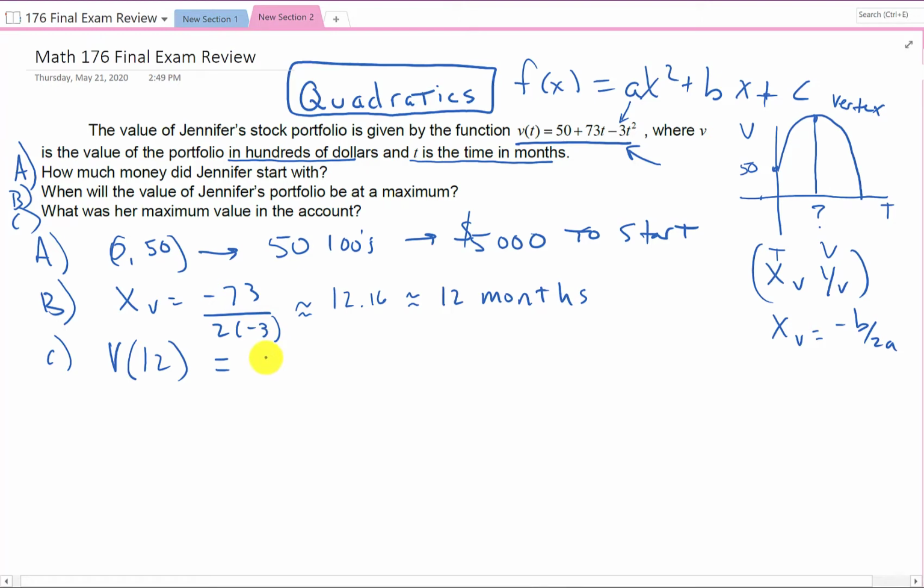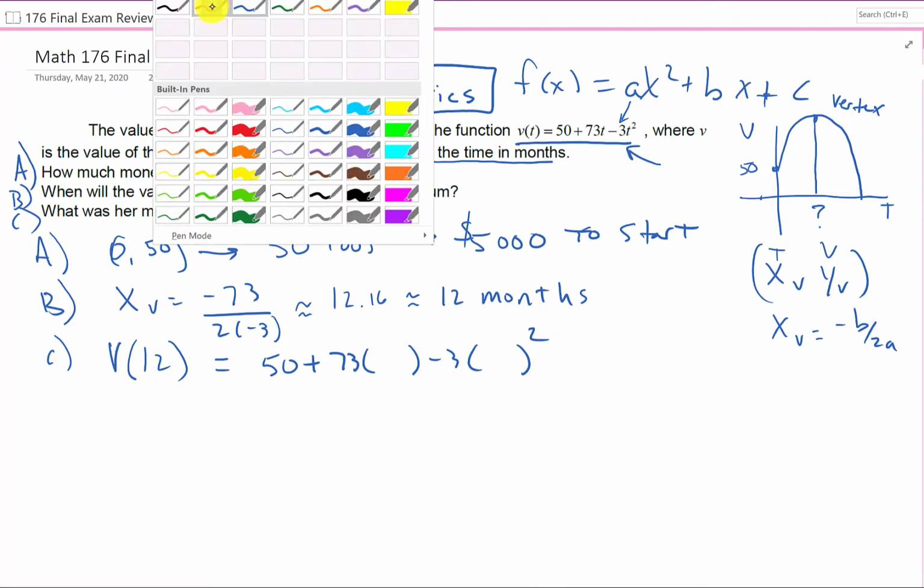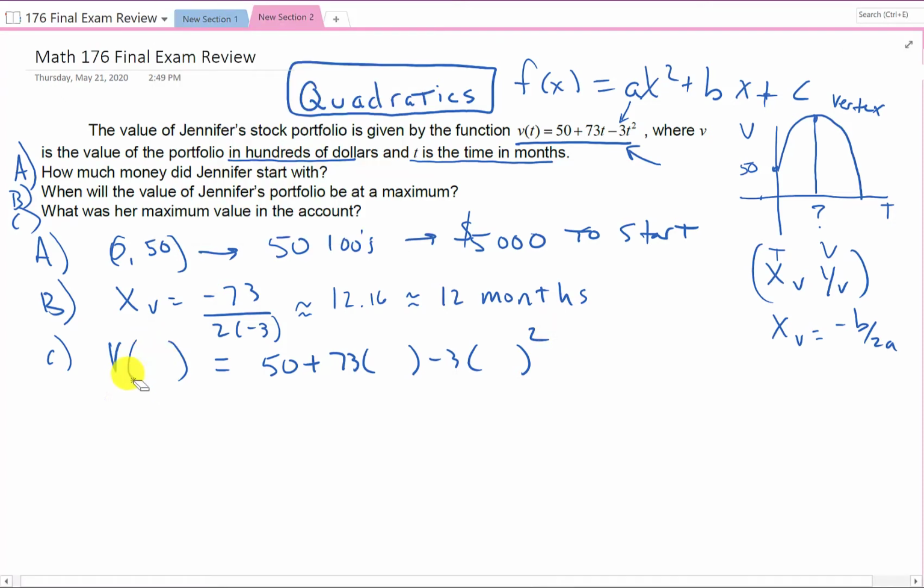So we're going to go 50 plus 73 minus 3 times, and just for emphasis here, I'm using this as my input, 12 months, 12 months, and 12 months. And then we have to run that in the calculator.